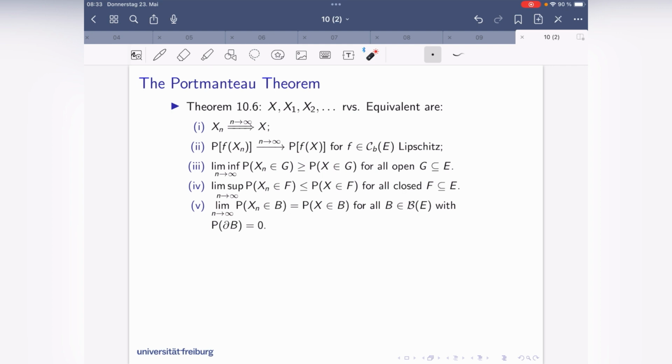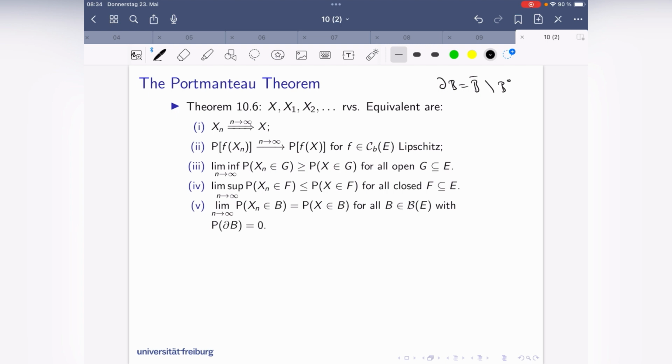If I have an open set G, then this holds: the liminf of pi of x_n in G is bigger or equal to pi of x in G. It's also the same if I have closed sets: the limsup of pi of x_n in F is smaller or equal to pi of x in F. And it's also the same if I have a set B with, well, so what's this funny thing here? I hope you know this. The border of B is closed minus open.